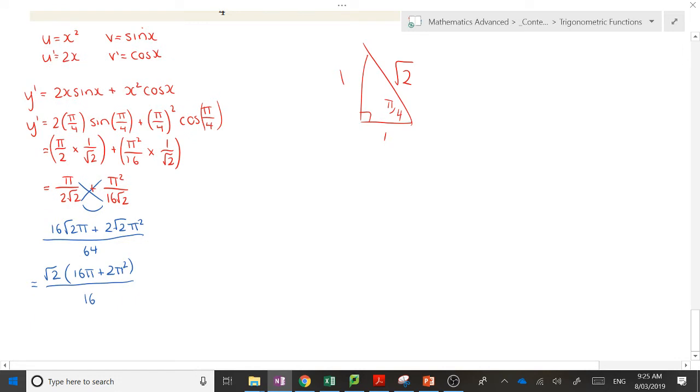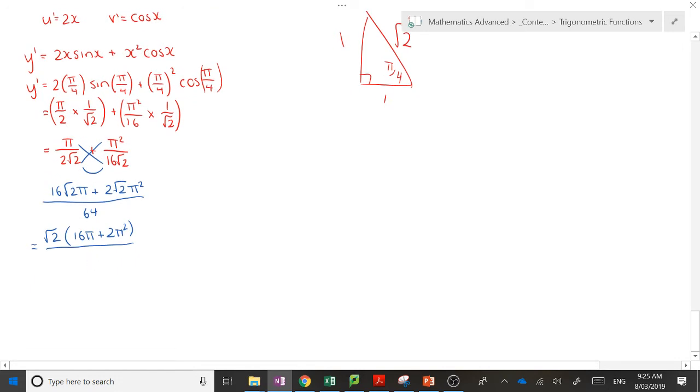Oh no, you're right, we could simplify that, because the 2's will cancel, the 64 into 32. So 32 root 2, 8 pi plus pi squared. That'll do. That way the root 2's not in there.